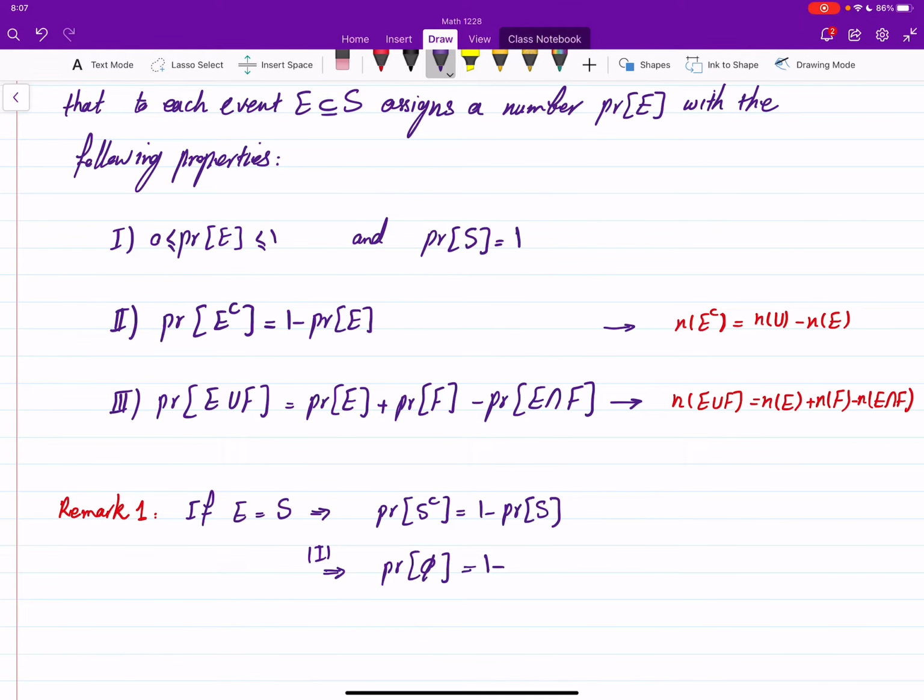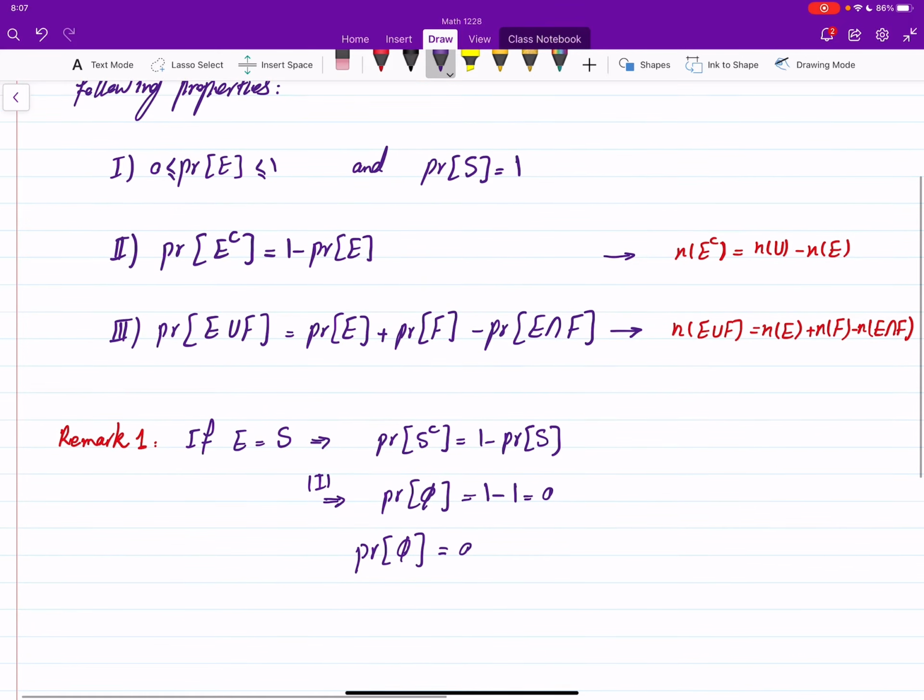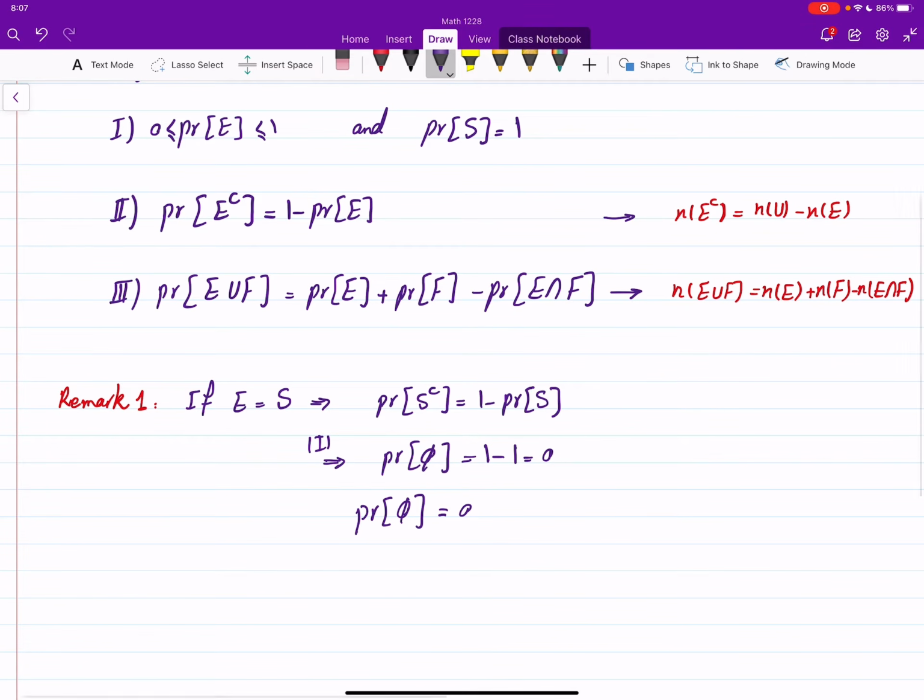If I use property 1, I know the probability of the whole sample space is 1. So 1 minus 1 is 0. So this tells me that probability of the empty set is 0.